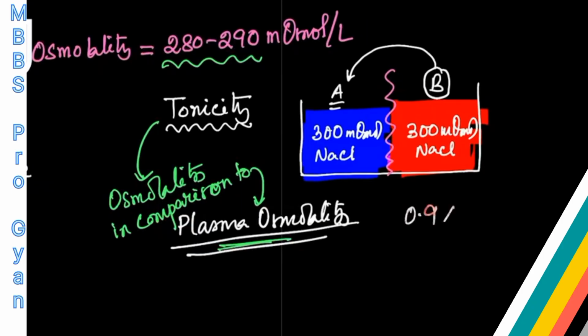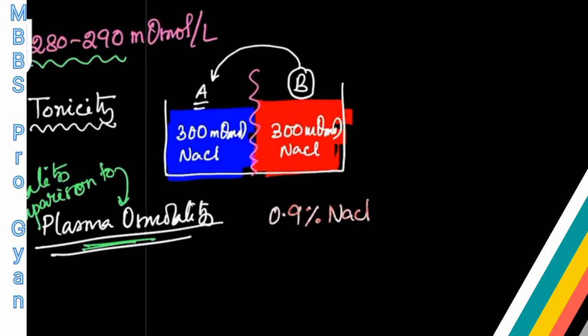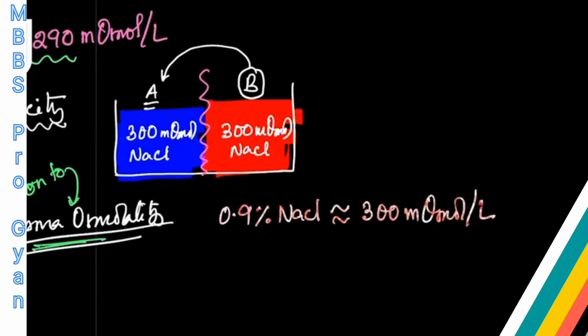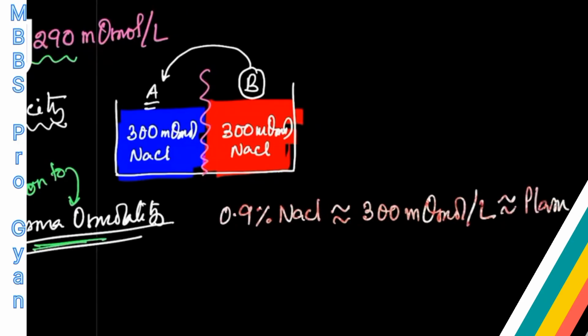So suppose you have made one solution, a 0.9% solution. Okay, 0.9% NaCl solution means you have given 9 gram of NaCl salt, and then you make the volume up to 1 liter. That is the 0.9% NaCl solution. The osmolality of this 0.9% NaCl solution is approximately 290 or approximately 300 milliosmol per liter, which is exactly the same as that of the plasma osmolality.